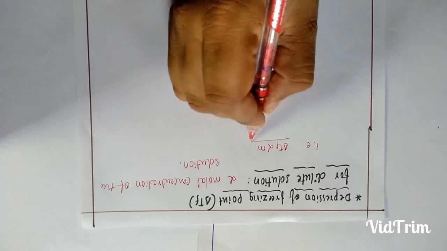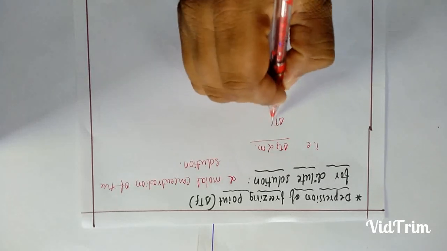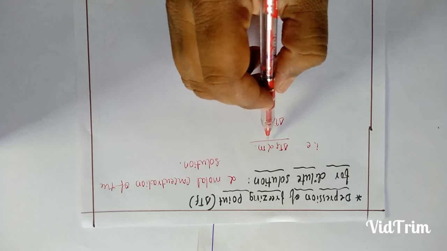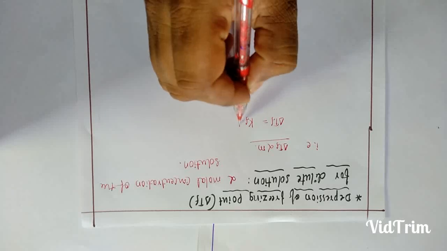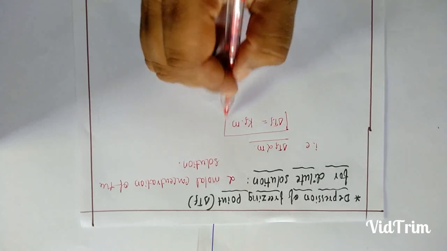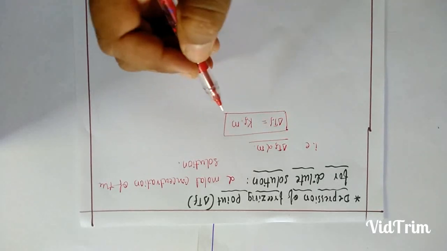Or you can write delta TF, removing the proportional sign, equal to KF m. Delta TF is equal to KF m, okay students.